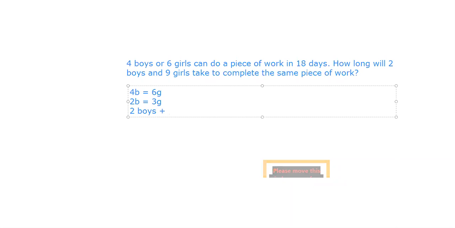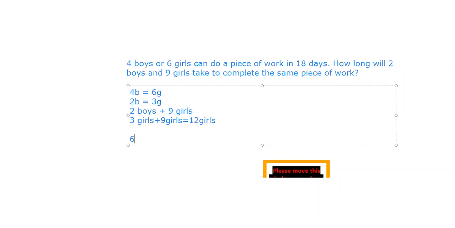Now 2 boys plus 9 girls. Instead of 2 boys, I can put 3 girls plus 9 girls. So now this becomes 12 girls. Now the question becomes: 6 girls can complete a work in 18 days, so 12 girls will complete the work in how many days?